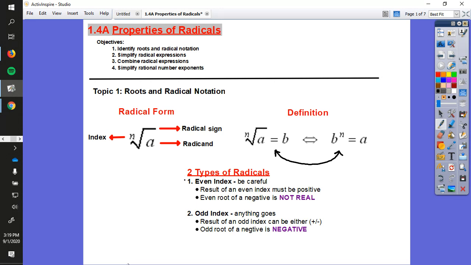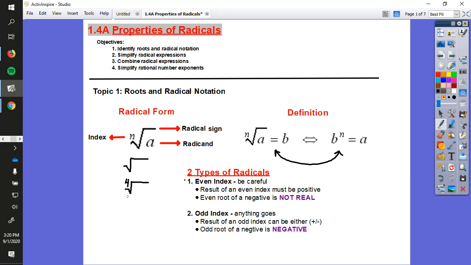The result of a radical with an even index, like a square root, which doesn't have a number there, or a fourth root or a sixth root, must be positive. So we're not going to get negative solutions if all I'm doing is a square root or a fourth root or a sixth root, unless there's a negative on the outside, but just the radical itself.